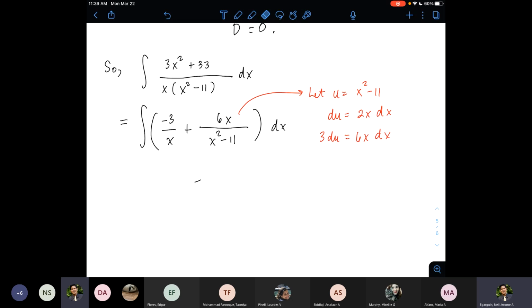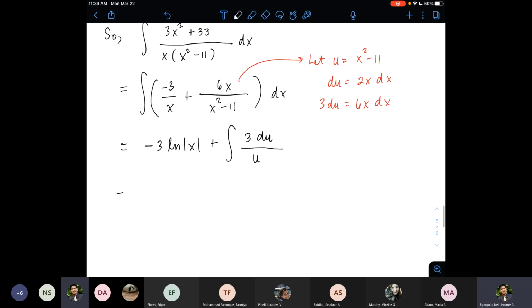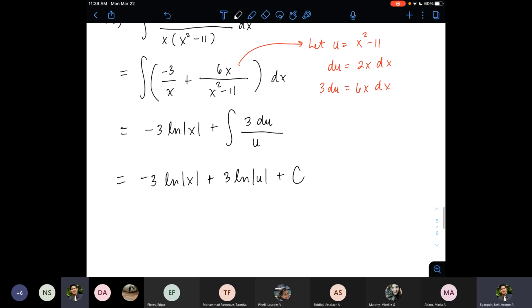I'll evaluate the first integral first. It's going to be -3 ln of the absolute value of x plus the integral of 3 du over u. Finally, we'll have -3 ln of absolute value of x plus 3 ln of the absolute value of u plus an arbitrary constant c.